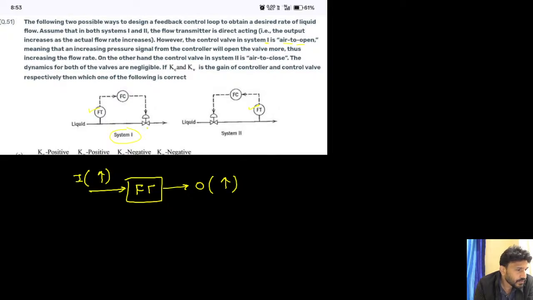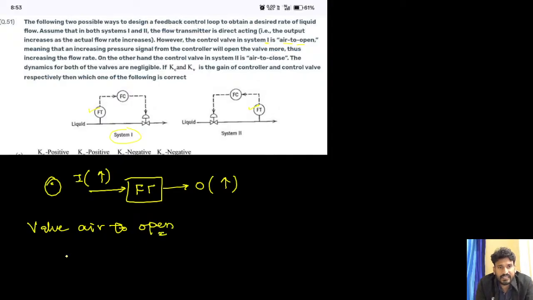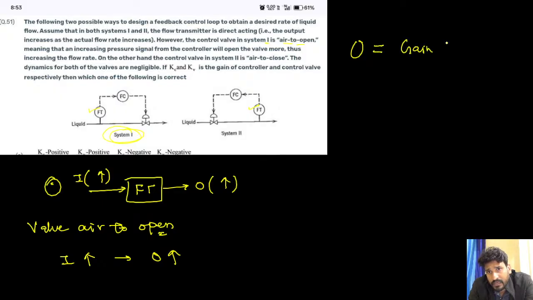Air to open means if its input is increasing, it is open, so its output is also increasing. Yes or no? And this is all about system 1, right? So I hope that you remember this, that output is nothing but its gain and input.